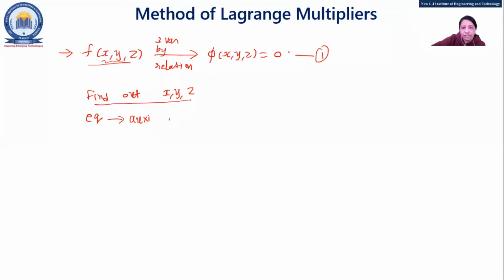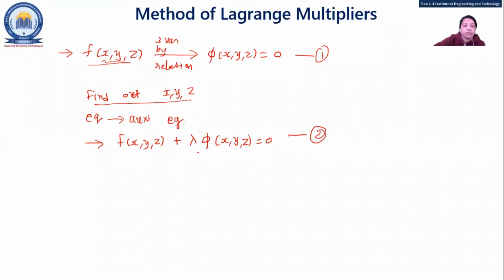It is fixed: f(x, y, z) plus lambda times phi(x, y, z) equal to 0. This is called the auxiliary equation, and it is used to find the values of x, y, z. So this is my second equation.